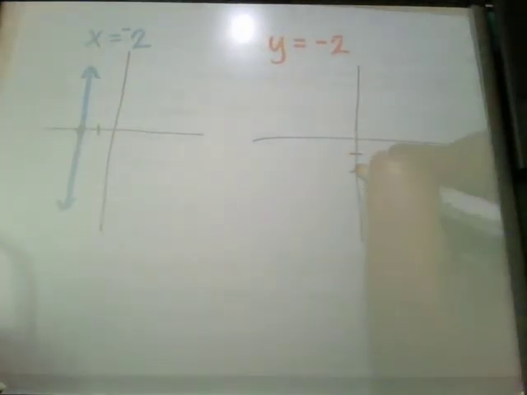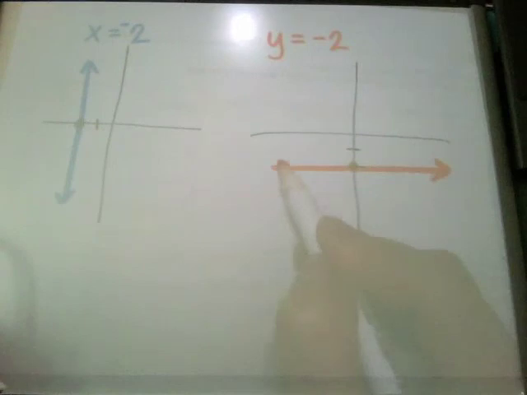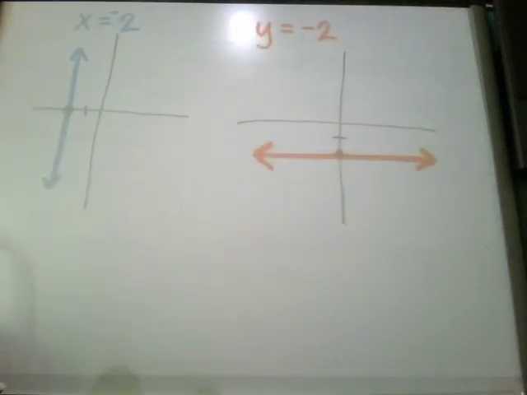Here's my -2. If it's never going to cross the x-axis, that's because it is perfectly horizontal, going through -2. So if you see one of those situations, look at these as a little bit of a hint of what to do, and that's it for today.